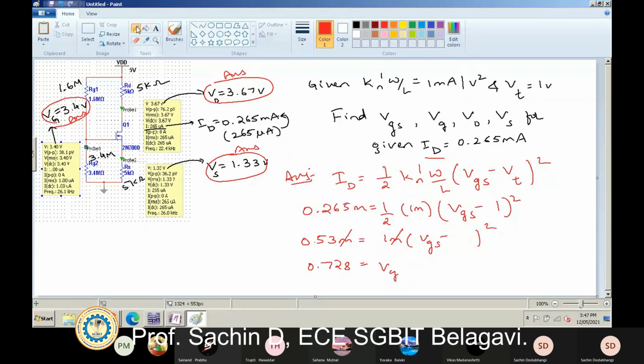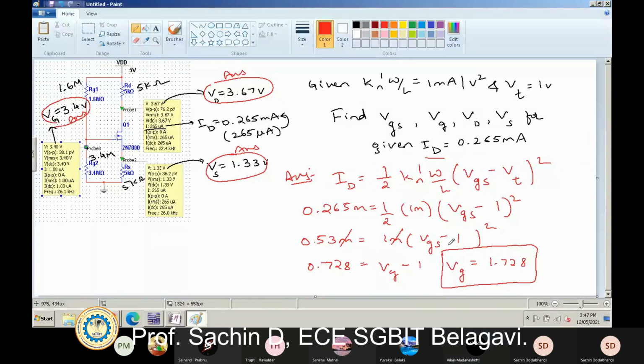VT is already given as 1 volt. Are you getting this answer? VGS is 1.728. Yes, sir. Okay.